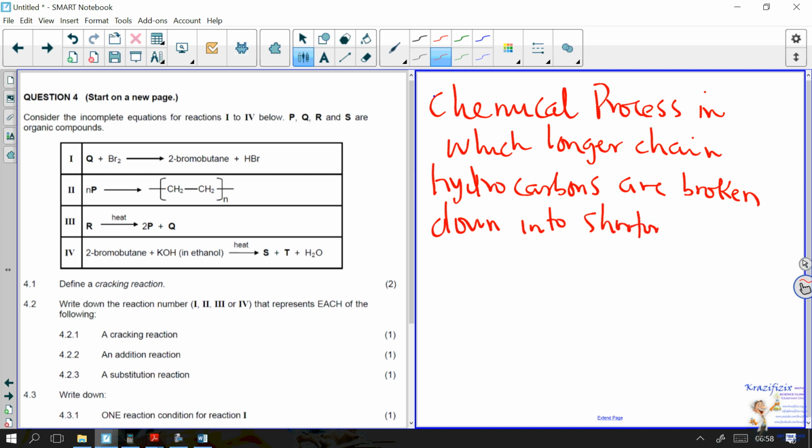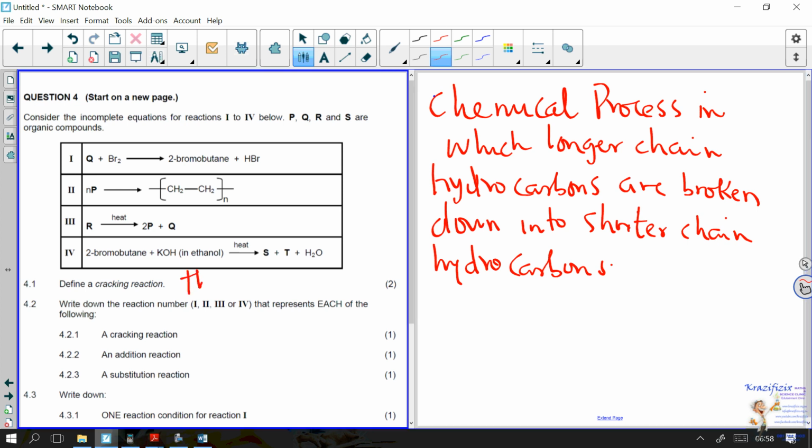Shorter chain. So you're just taking them down and breaking them down. Shorter chain hydrocarbons. And one kind of cracking is called thermal. When you say thermal, you need a lot of heat.